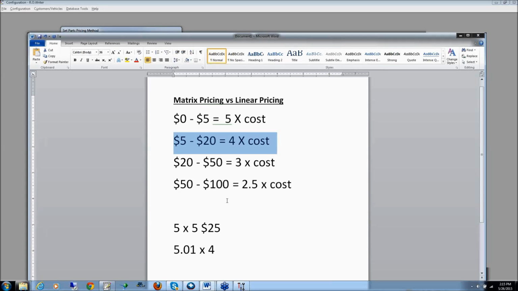So $5.01 times 4, we're going to sell that thing for $20.04. So it cost me a penny more. It pushed us from this range to this range, and there's an immediate loss in profitability of, in this case, $4.96 in terms of what we're selling that part that was a penny cheaper for versus what we're selling the one that's more expensive.